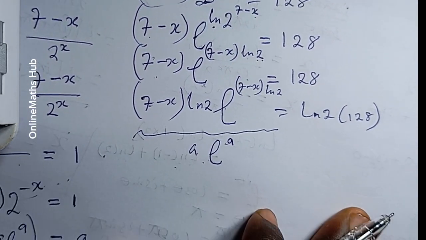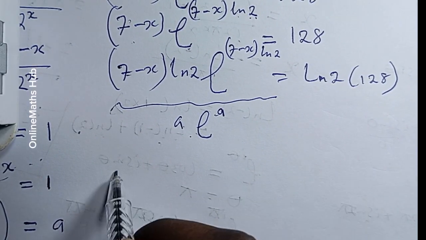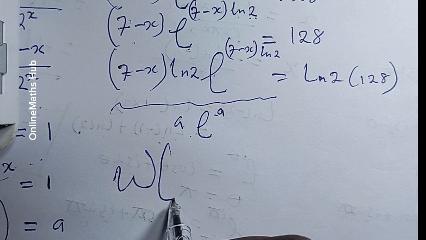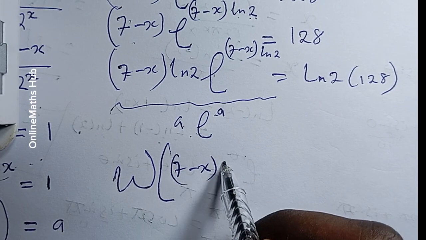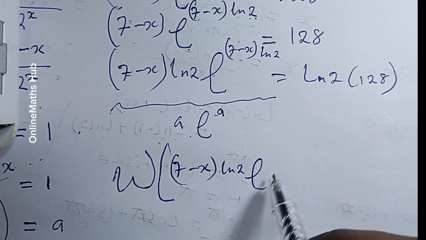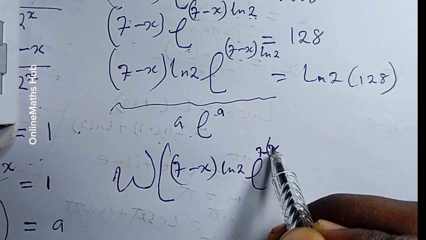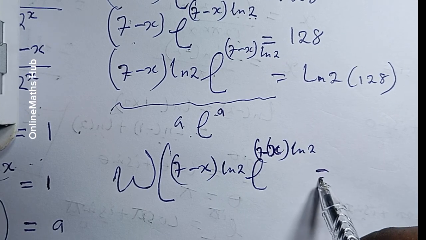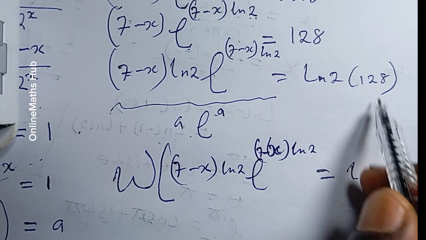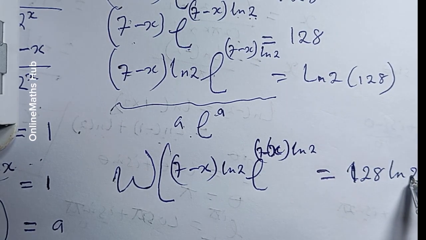Okay, so we can go ahead to apply the Lambert W function. Of course, when we do that, we're going to be having a Lambert W function of 7 minus x, natural log of 2 exponential 7 minus x, natural log of 2, is equal to, let me write this first, 128 multiplied by the natural log of 2.